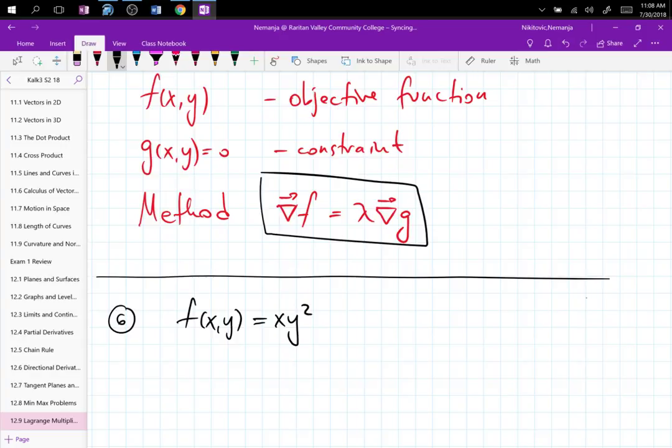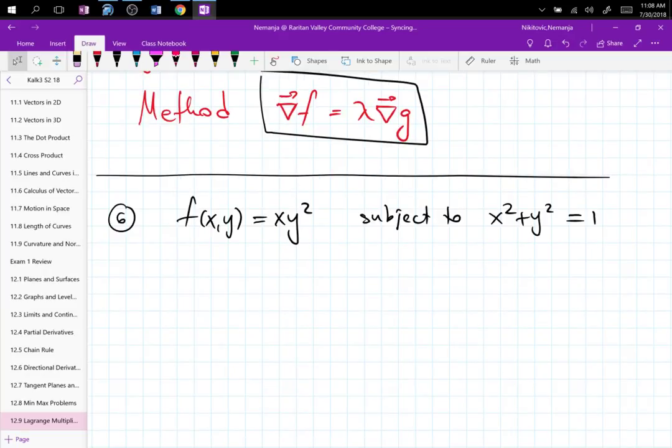So f(x, y) is equal to xy squared, subject to the unit circle, so x squared plus y squared equals 1. So this is what we have for the problem. When you hit the word problems, your job is to figure out which equation is which, right? You will have to figure out what is the objective and what is the constraint.